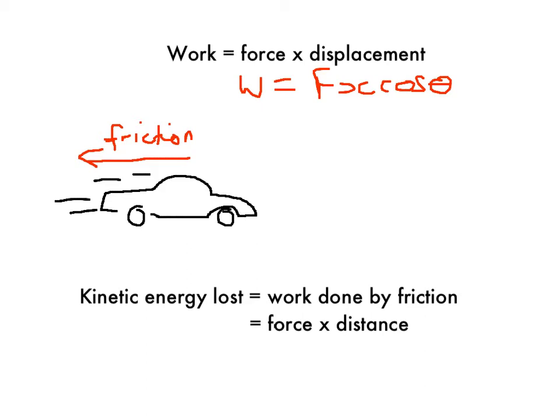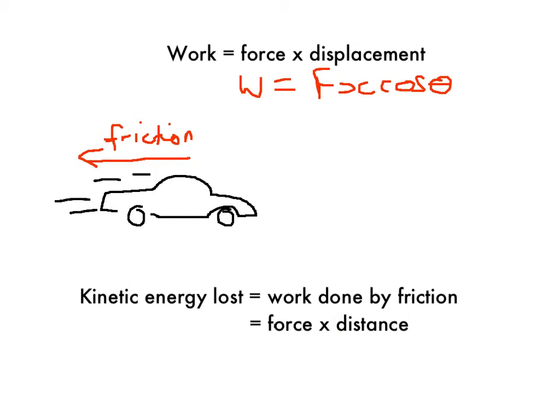So here is a car moving with some kinetic energy to the right, and there's a frictional force acting against it. The car will lose an amount of kinetic energy equal to the force applied by friction times the distance that it acts over.